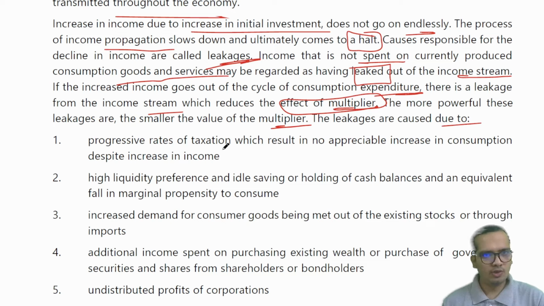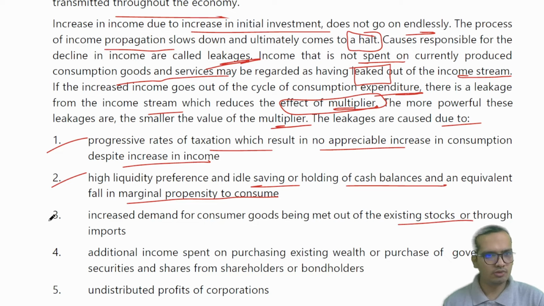First, progressive rate of taxation, which results in no appreciable increase in consumption despite increase in income. Second, high liquidity preference and idle saving or holding of cash balance, and an equivalent fall in marginal propensity to consume. Third, increased demand for consumer goods being met out of existing stocks or through imports.